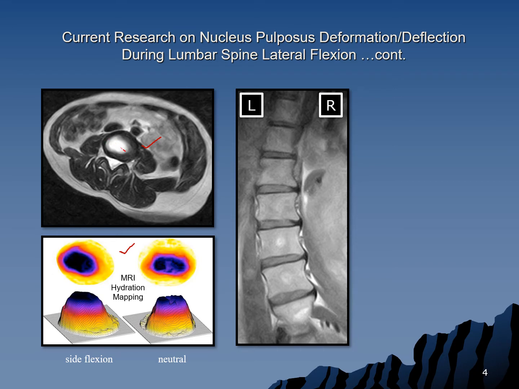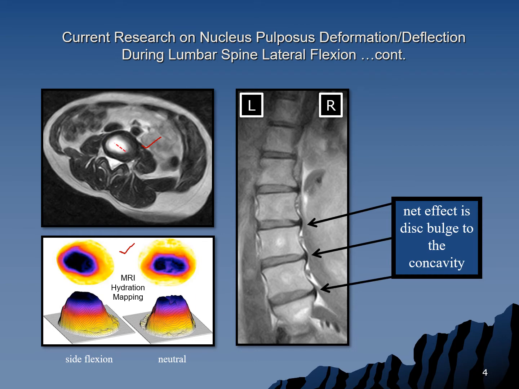But what I really want you to look at is the next set of arrows. Because even though the nucleus itself is trying to move towards the convexity of this laterally bent spine, you'll notice that the net effect is disc bulging into the concavity.